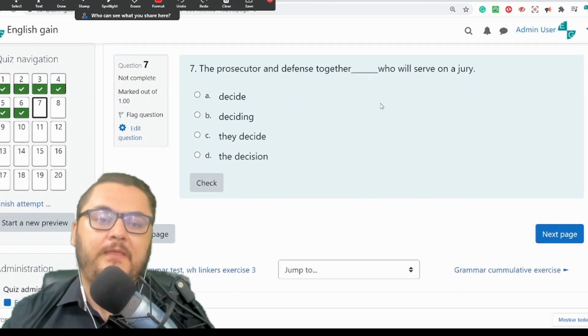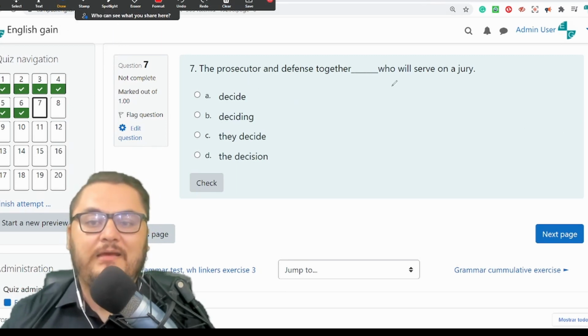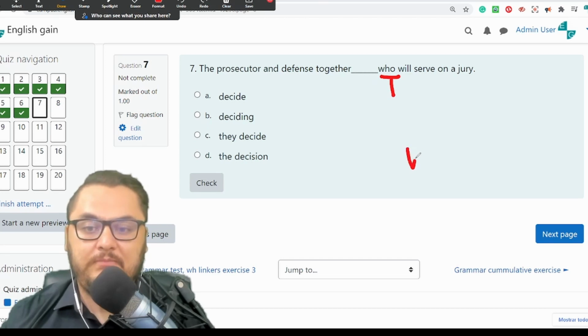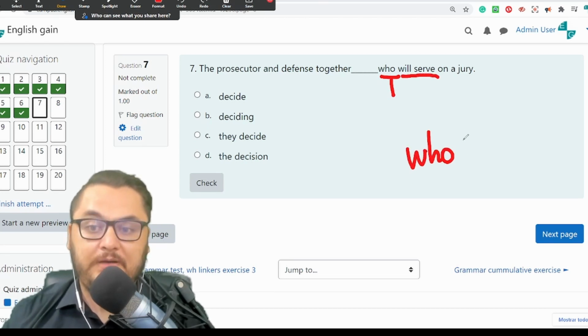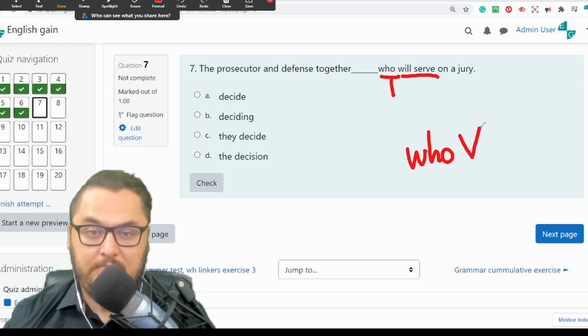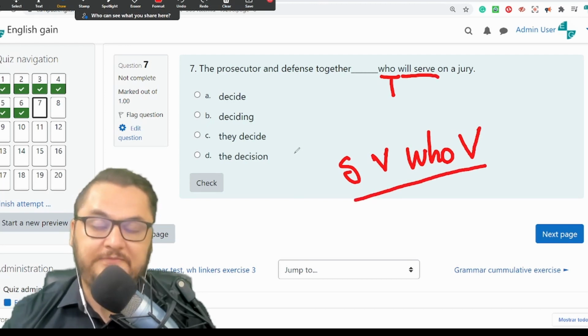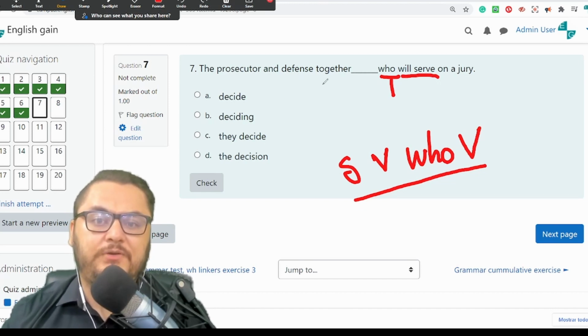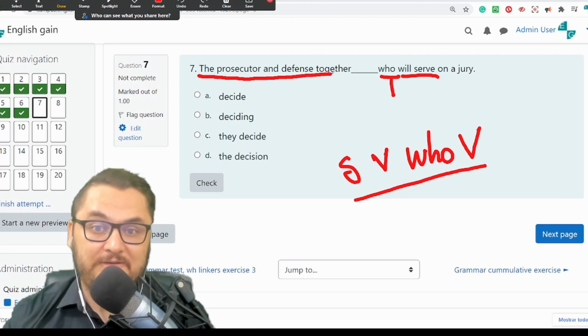Here. In this exercise, we can see that I have found my linker, a verb here. Then you might remember this is the rule we can use from the group of rules you already have. The prosecutor and defense together.